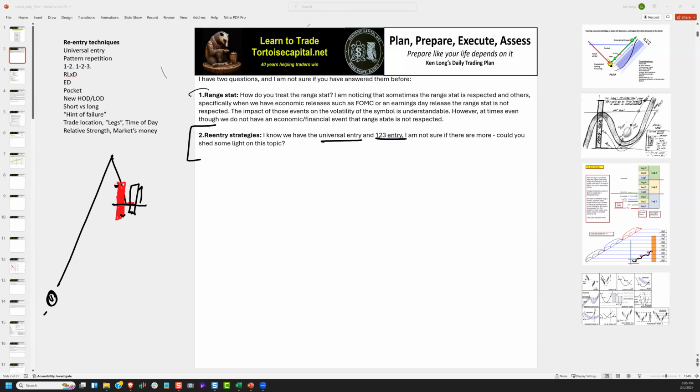And I look at this whole thing and I say, well, my previous RL10 low was there, and the RL10 low is here, and I had a successful trade, which got out in here. So I made a successful trade.